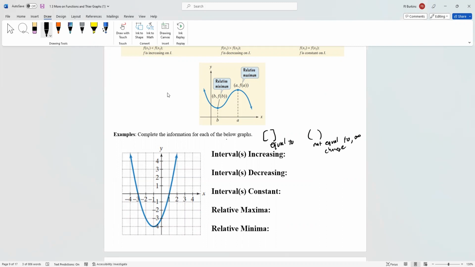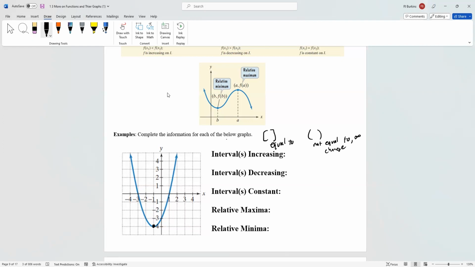So first off, I think it's easiest to say where is the max or min. So for this one, and remember this is a parabola. If you remember on a parabola, the point where it's lowest, or where it changes shape, let's say, is the vertex. And the vertex in this case is the lowest point. It could also be the highest point.